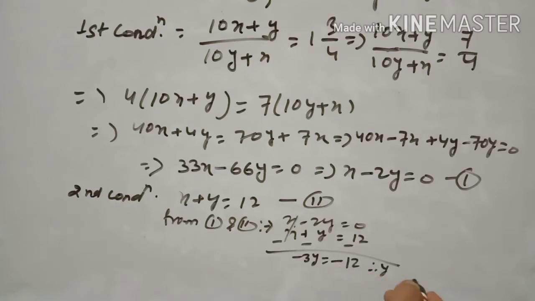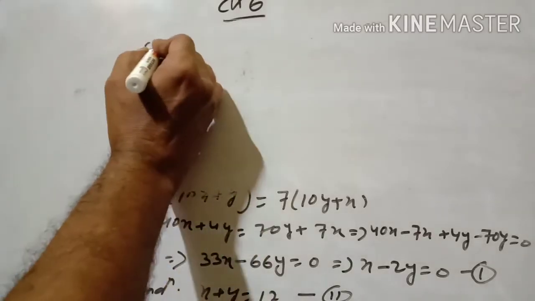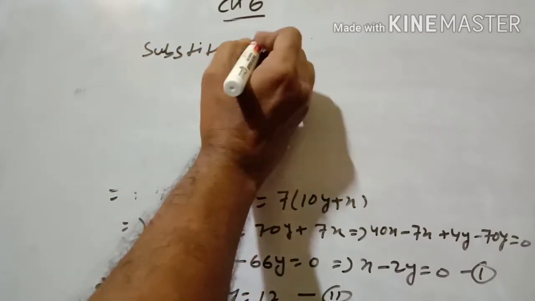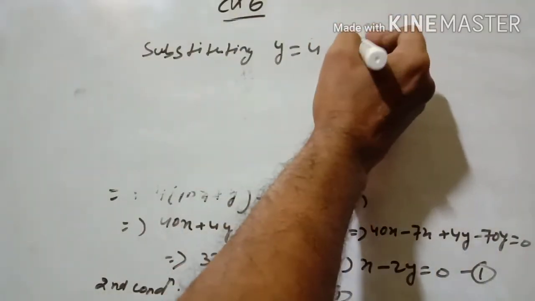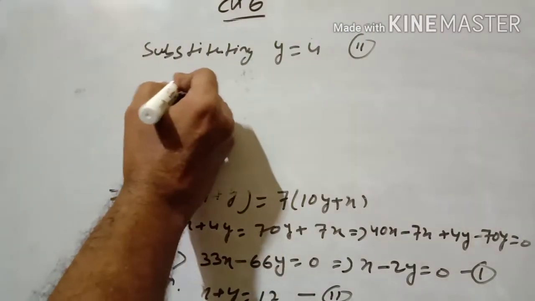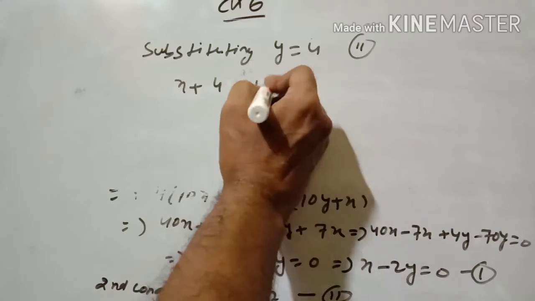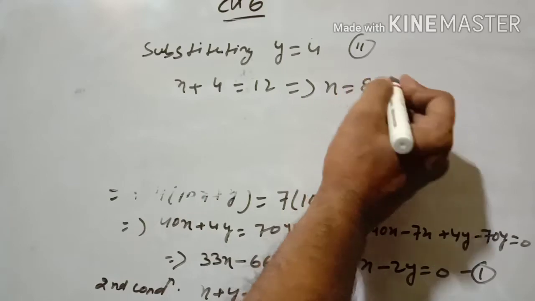Therefore y equal to 4. Write this down. Substituting y equal to 4 in equation 2, x plus 4 equal to 12. This implies that x equal to 8.